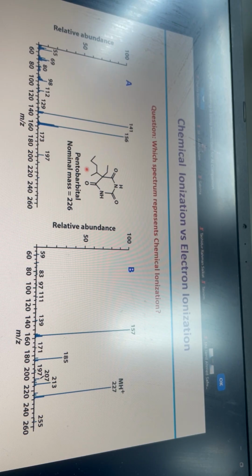Take pentobarbital, a barbiturate. Its nominal mass, or molar mass, is 226, and you have spectrum A and spectrum B. Now you need to tell me which spectrum represents chemical ionization. 227. Sorry?